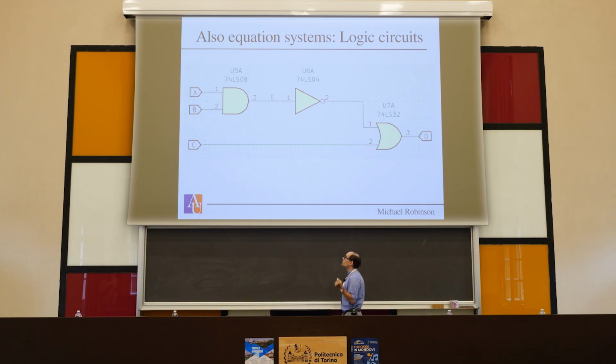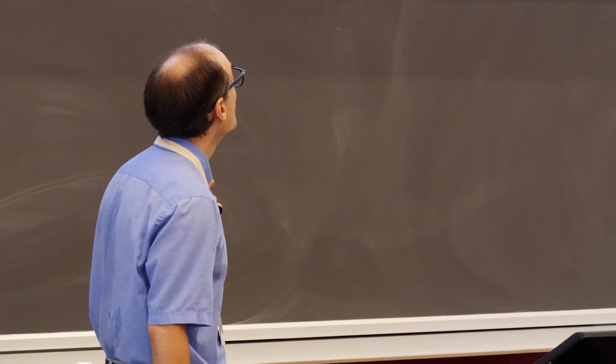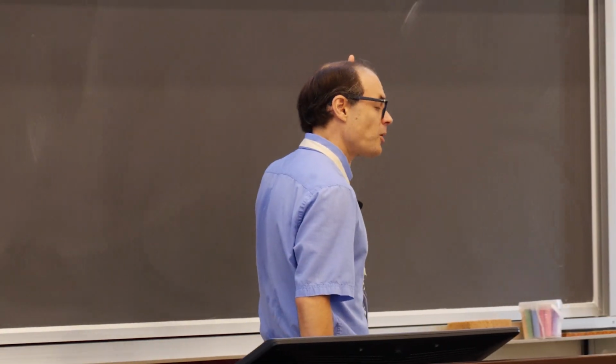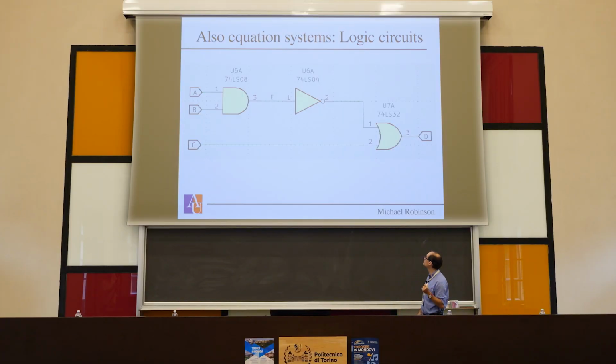So if you look at it now, we can decode this. Look at the A, B inputs. They're flowing into this little D-shaped object. That little D-shaped object is an AND gate. So if it sees two logic 1s, it produces a logic 1 on its output. Otherwise, it produces a logic 0. This guy on the end with the D output is an OR gate. So it computes a logical OR.